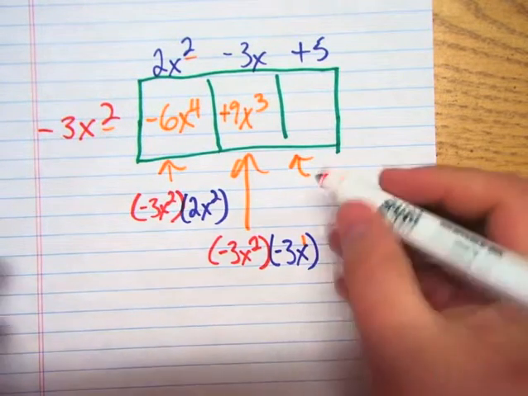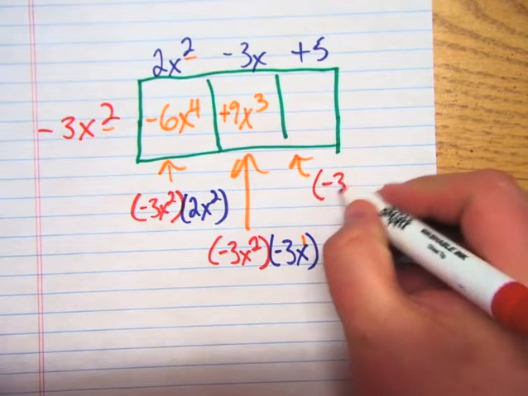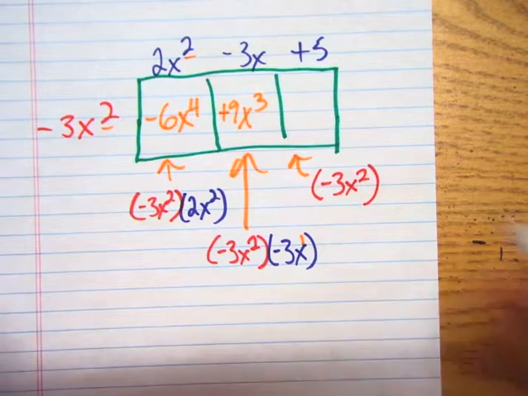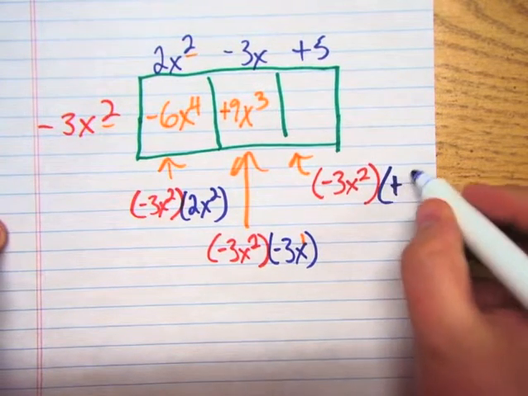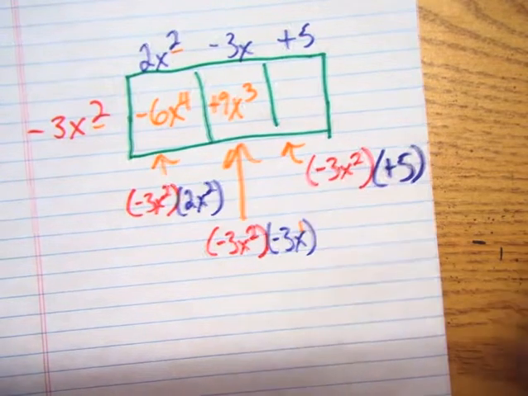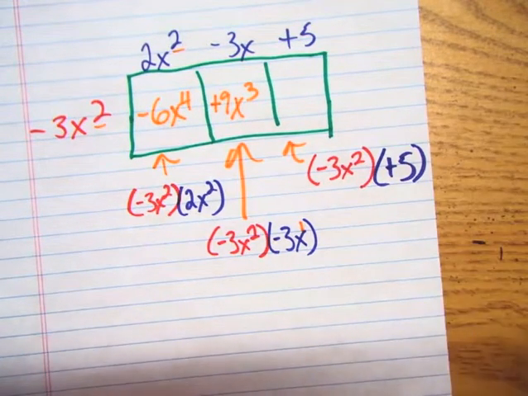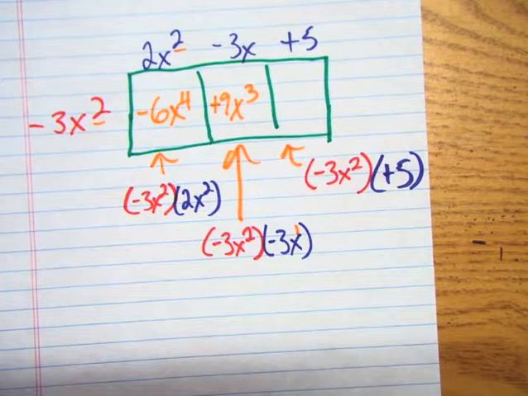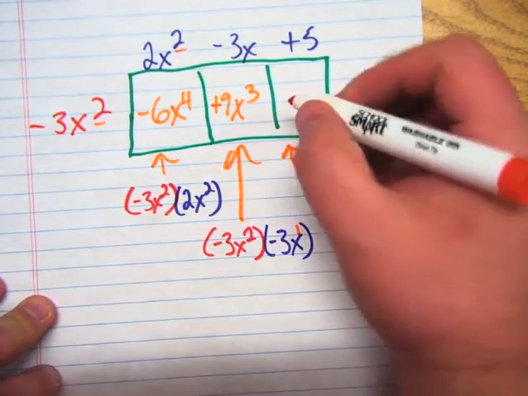Negative 3x squared times a positive 5. So now what's that answer going to be? It's going to be negative 15x squared. You do the negative. What's negative 3 times 5? Negative 15. Carry your x squared.